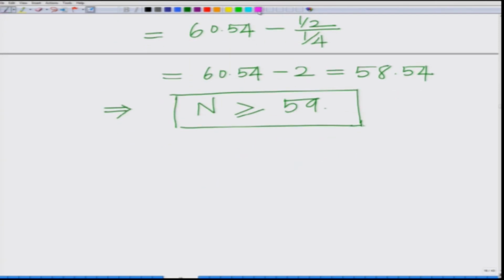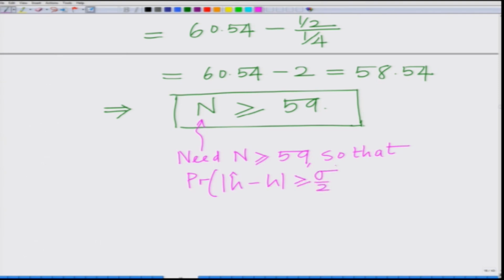So, let me summarize this again. We need n greater than or equal to 59, so that the probability of the magnitude of h hat minus h being greater than or equal to sigma by 2 is less than or equal to 10 to the power of minus 4. That means it lies inside this sigma by 2 ball with probability greater than or equal to 0.9999.